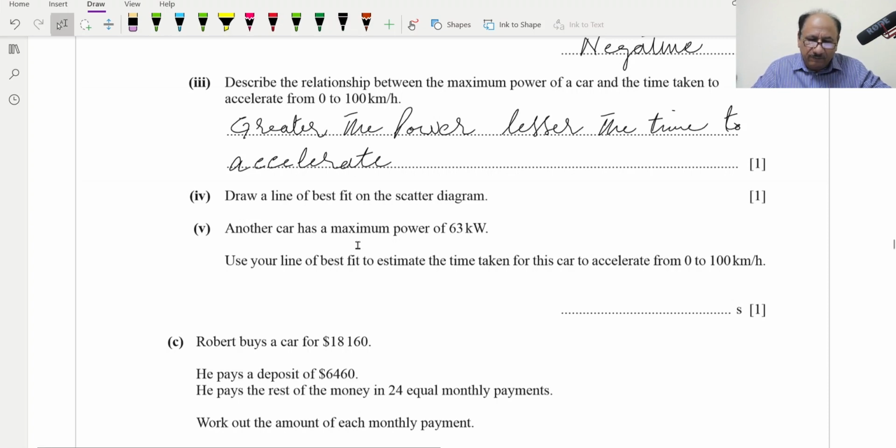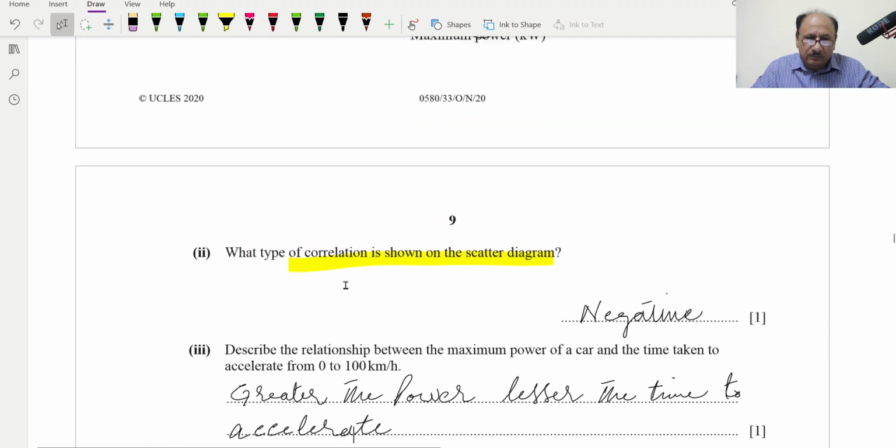One more question: draw a line of best fit on the scatter diagram.